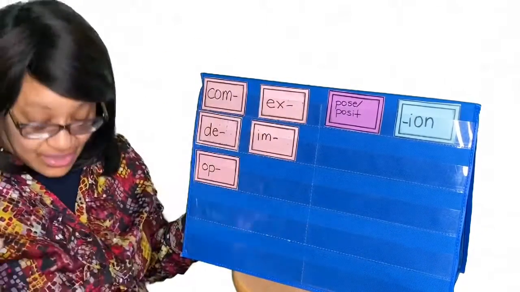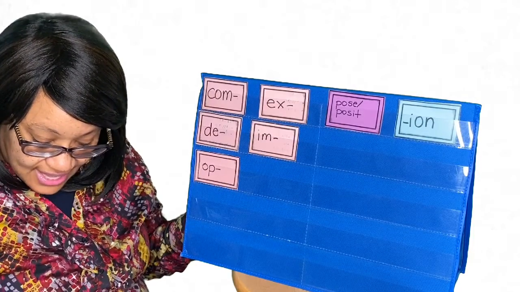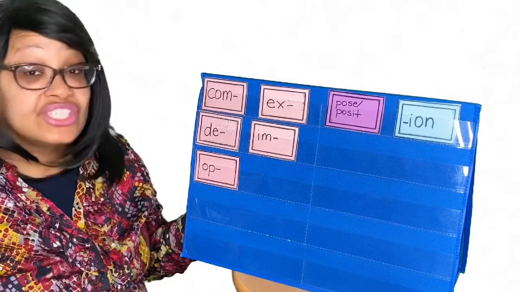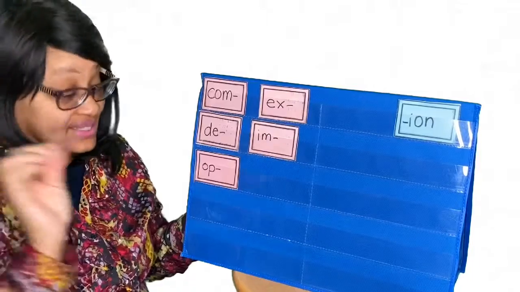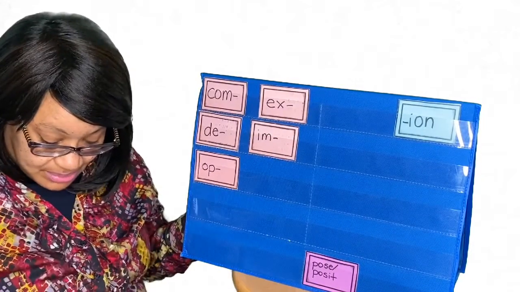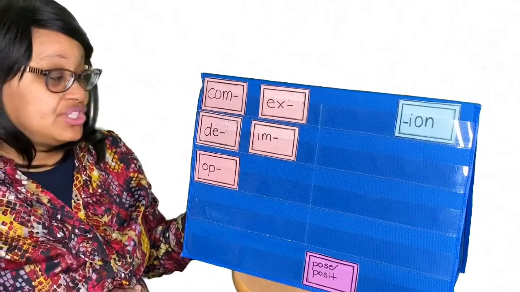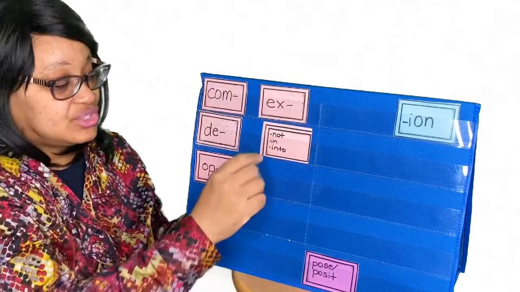Okay, let's try another one. Let's try the act of putting against, to act in opposition to. So let's see. Well, we have to place. So we place ourselves, but then it has to be in opposition. So which one is opposition? Let's see. We have im, not, in or into.